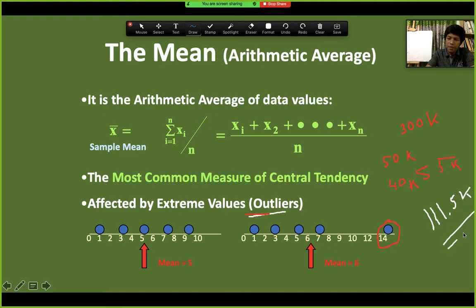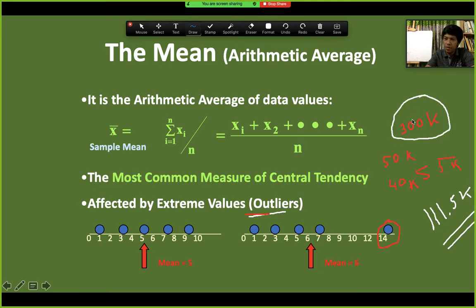So now if we take the decision based on this average, if we say that this locality's average income is 111k, then it will be a wrong decision, because this guy here is messing up everything.